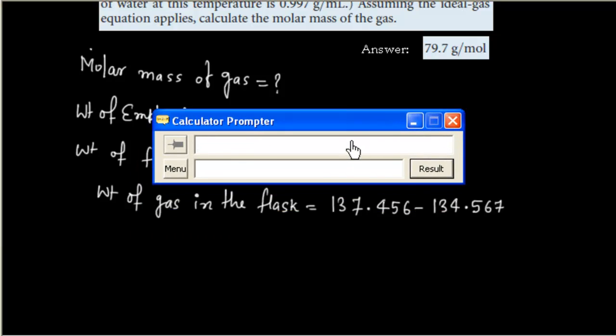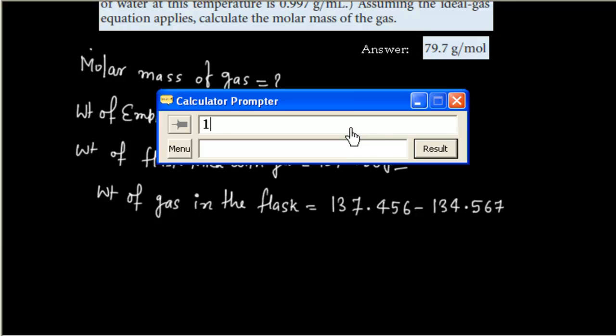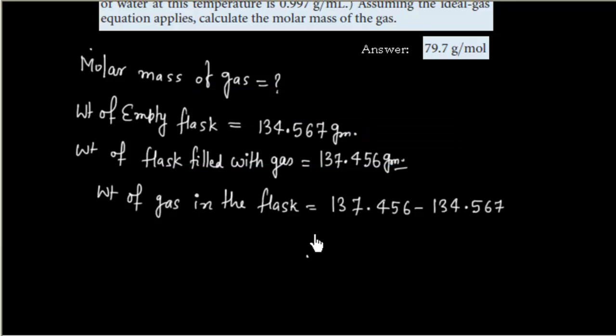Let us use the calculator. So this is 2.889. So this is the weight of gas.